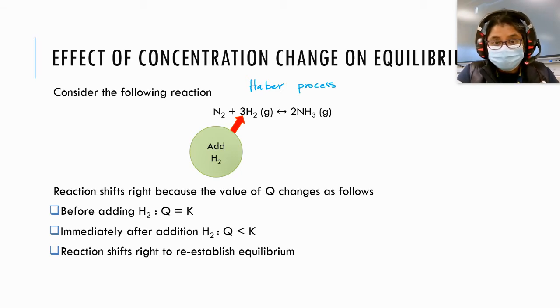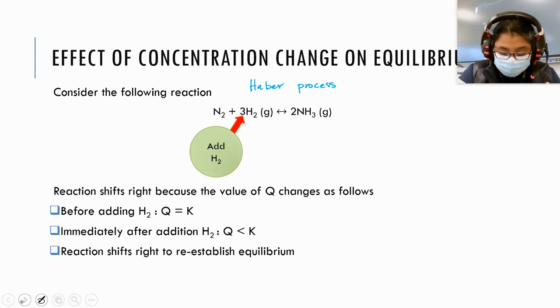So if Q is smaller than K because you added more H2, the reaction is going to shift to the right to reestablish equilibrium. Now, if you add N2, the same thing would happen. If you add more nitrogen, the reaction will shift towards the ammonia to use up that extra reactant that you added to form more ammonia to reestablish equilibrium.